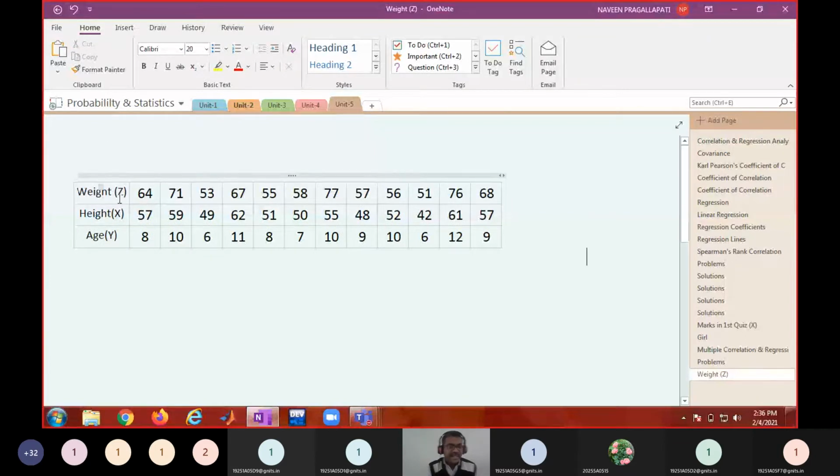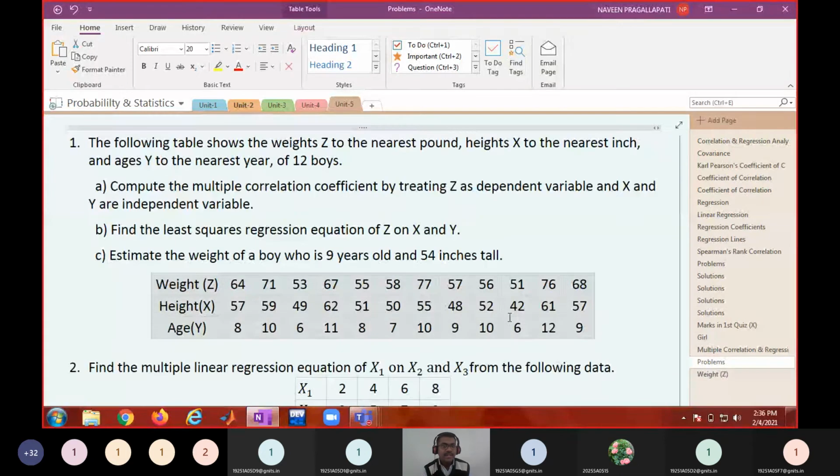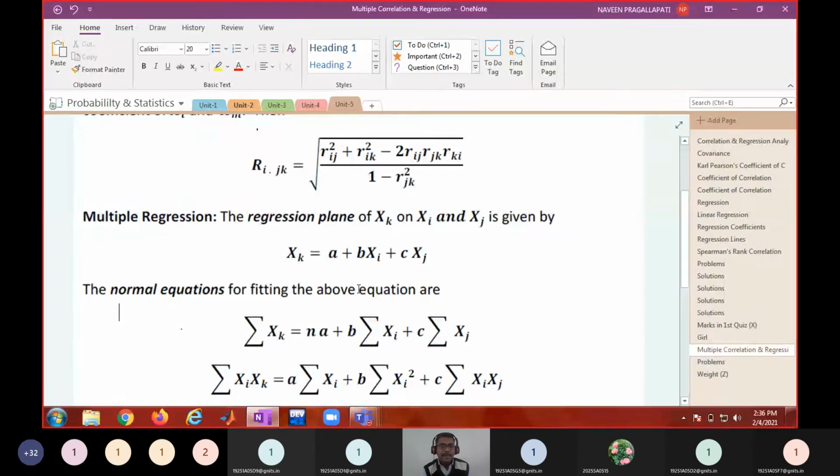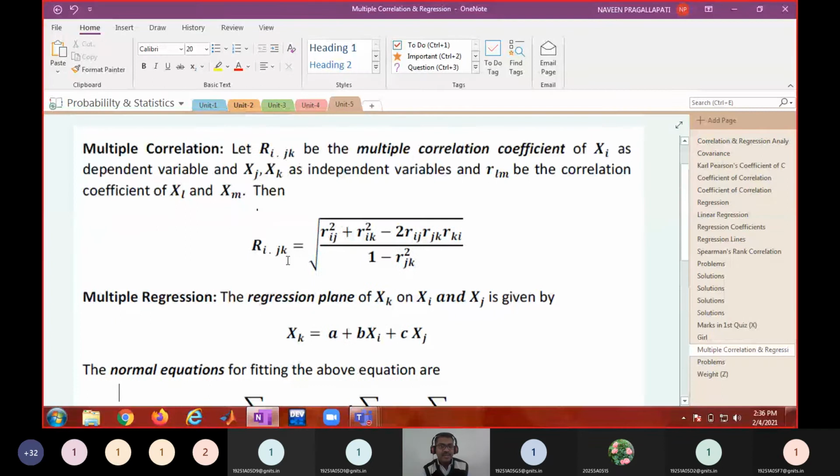So we are considering Z as the dependent variable, X and Y are independent variables. To find out the multiple correlation coefficient, we need to find out the pairwise coefficients. Let us write down the formula first. What will be the formula now?